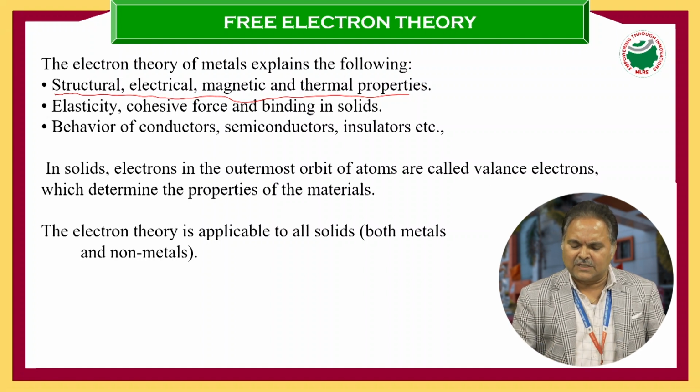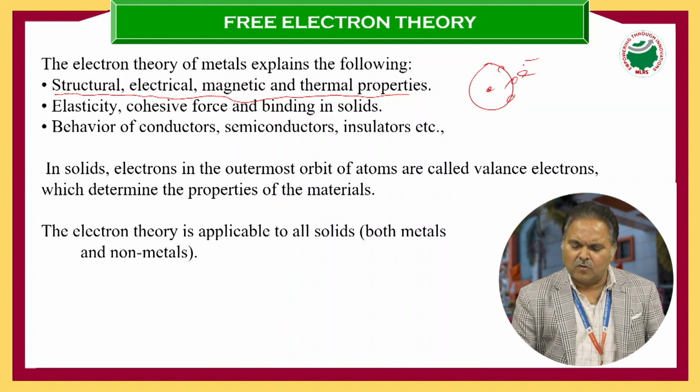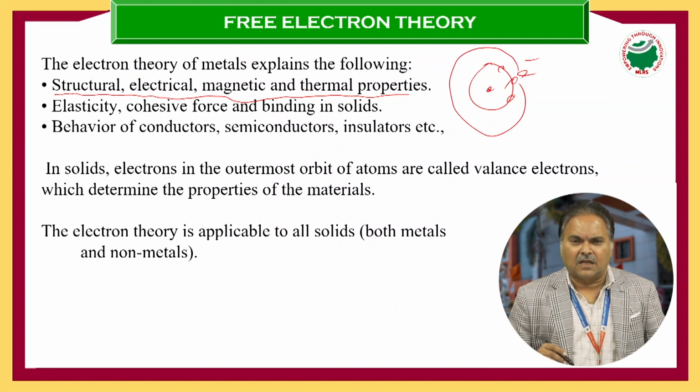Free electron theory means that in the outer shell there are some electrons. Those electrons we call valence electrons. The valence electrons play the major role in explaining all these properties: structural as well as electrical, magnetic and thermal.